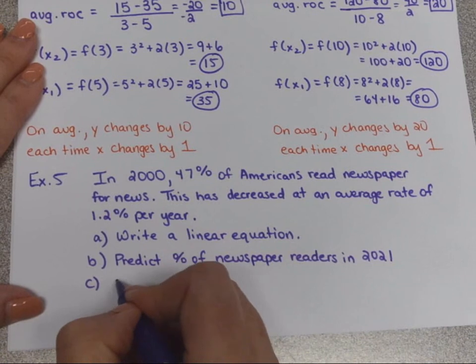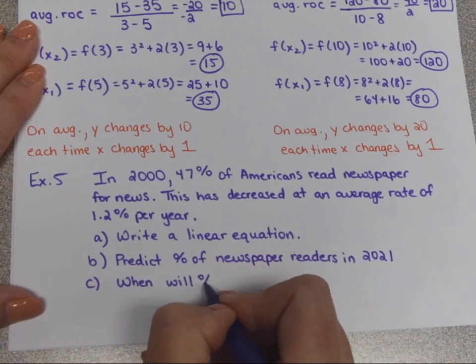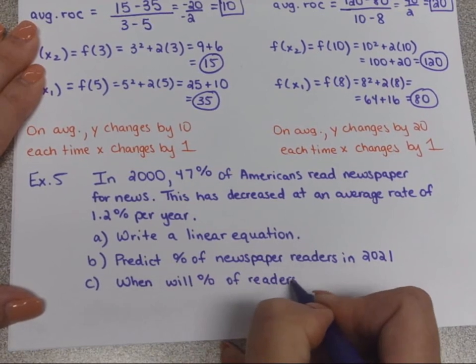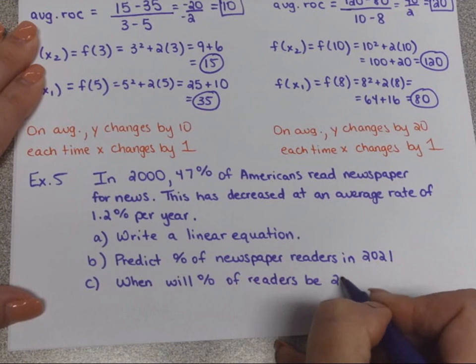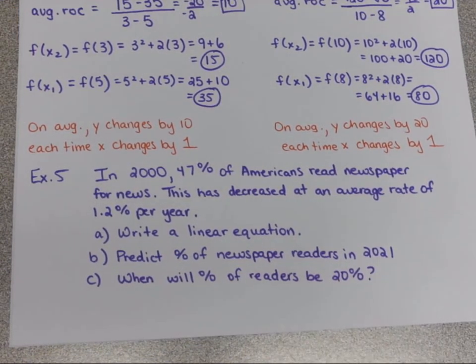And then lastly, I want you to tell me, based on this pattern, when will the percentage of readers be 20%? So we know it's going down every year. The question is, how long is it going to take to go down to 20%?